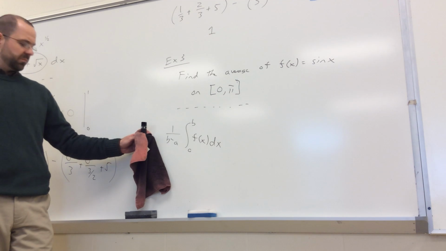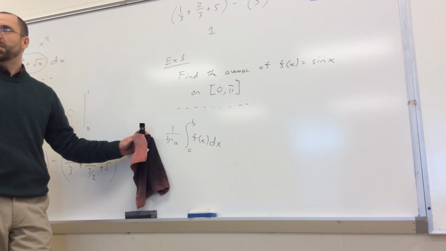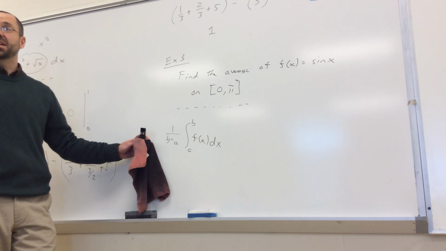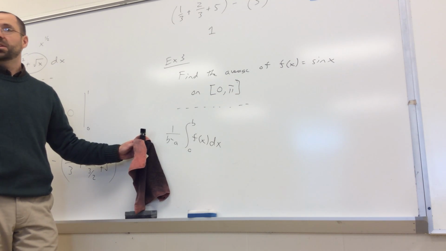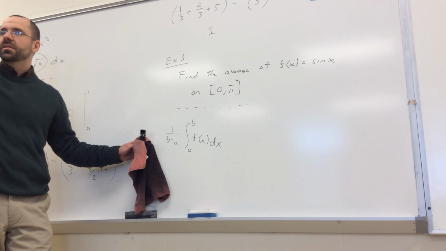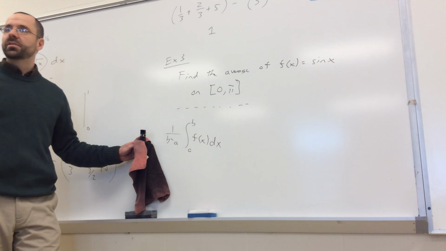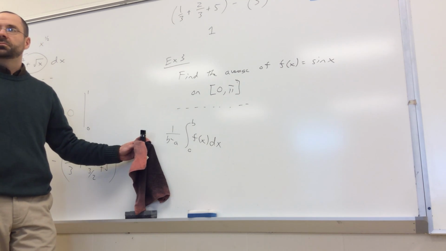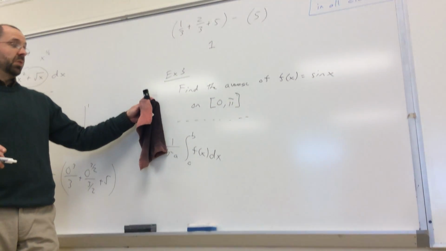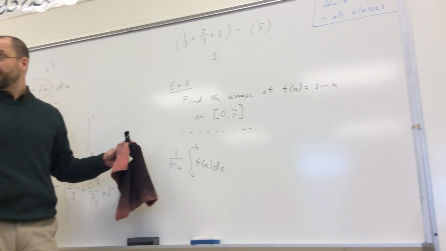So at some point, maybe for the exam, you had that memorized. That's the average height of a function. Sometimes we called it average value. It's the average height. If you have a graph, it's on average how tall the graph is. Okay, so for this problem, we want to find the average of that graph.